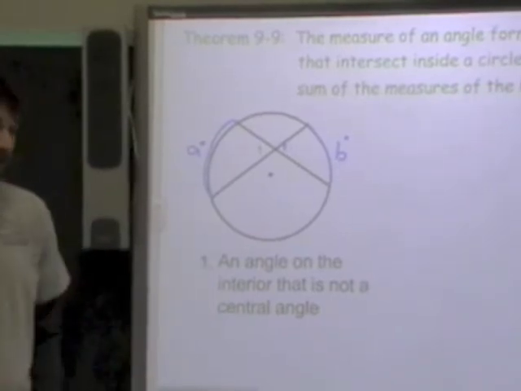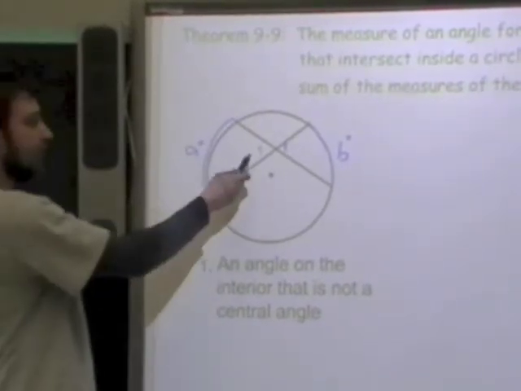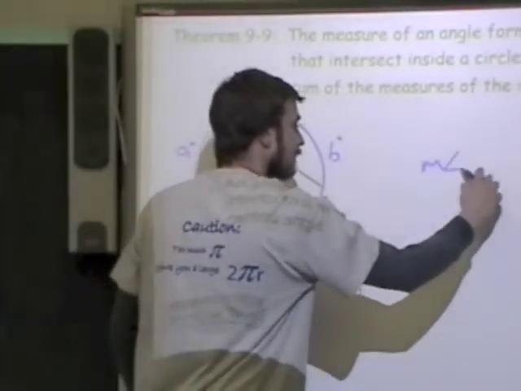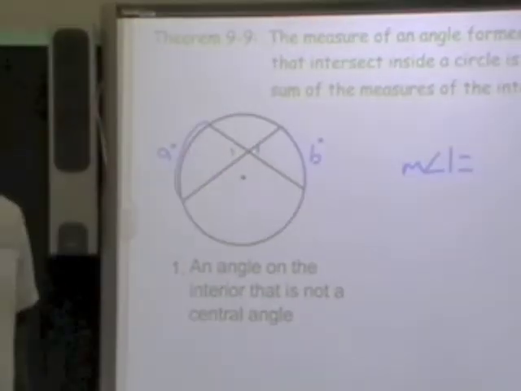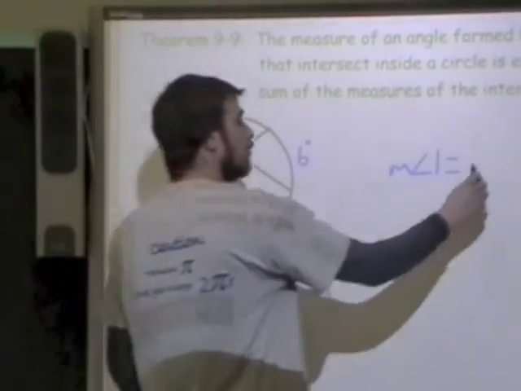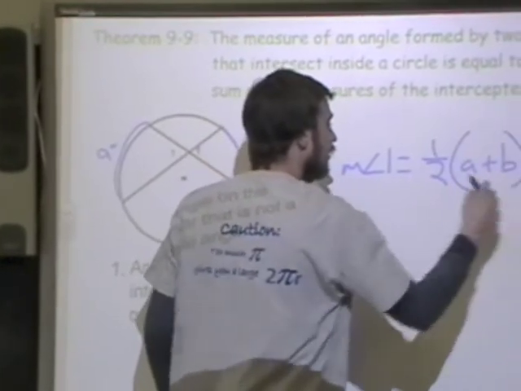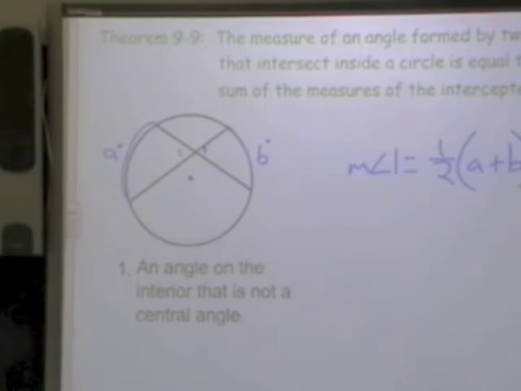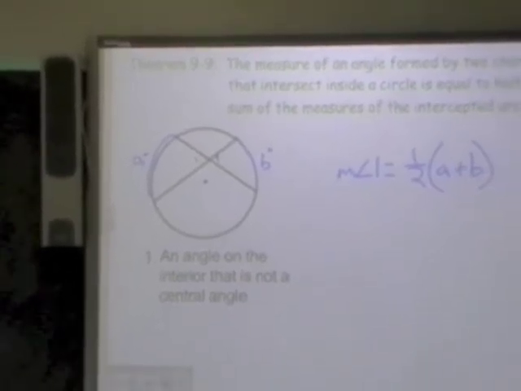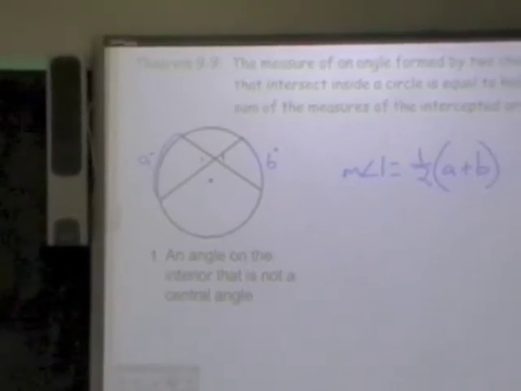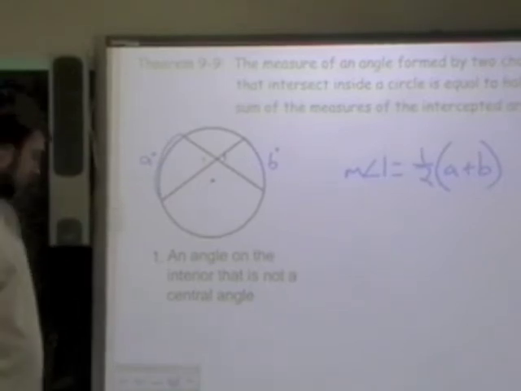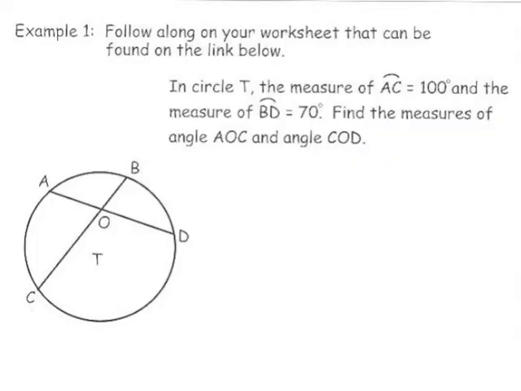If we use this theorem correctly, we know that the measure of angle 1 is equal to 1/2 times the sum of the two arcs, which we would say 1/2 times A plus B. And that works with any other angles other than that central angle. It actually works with the central angle as well, but there's a shortcut for that one.